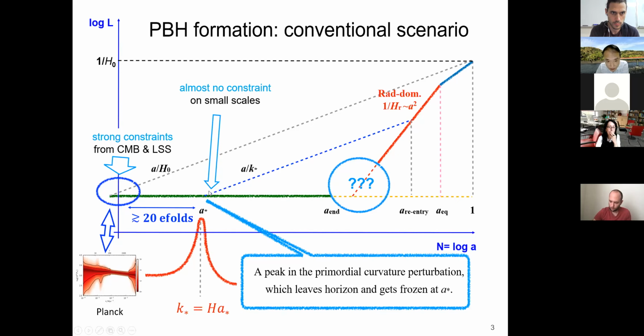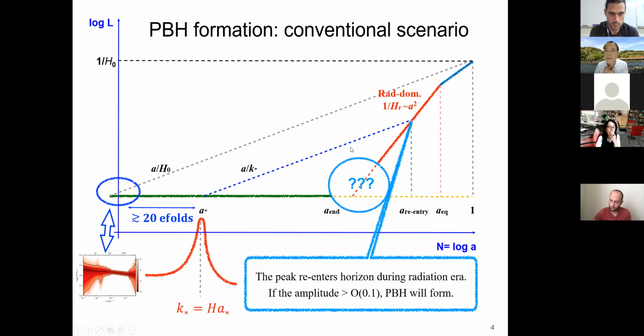these fluctuations will be essentially frozen on scales greater than the horizon. But when they re-enter the horizon during, let's say, radiation dominance, we will form a primordial black hole if the amplitude is large enough. And the actual amplitude should be of order, say, 0.1 or 0.2 or maybe 0.5.